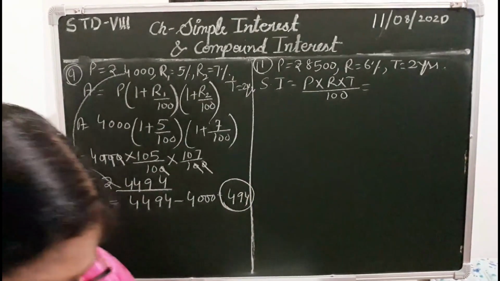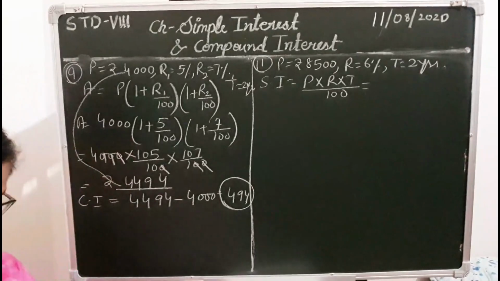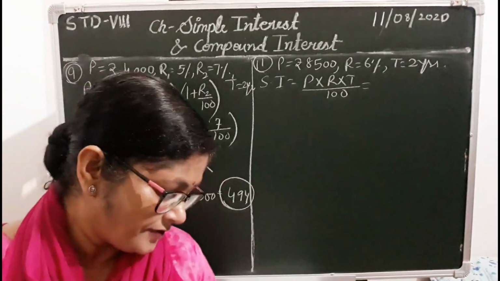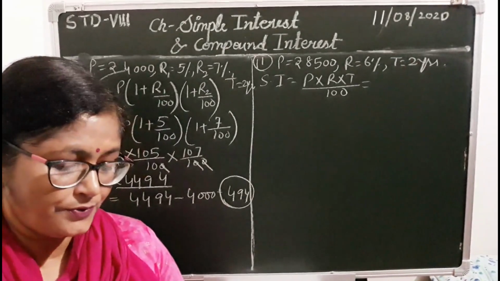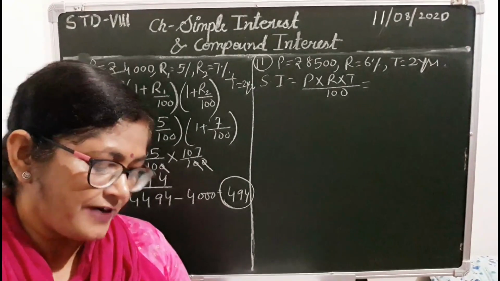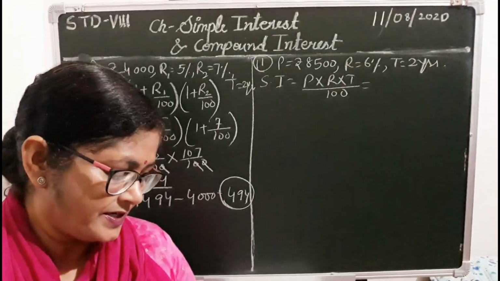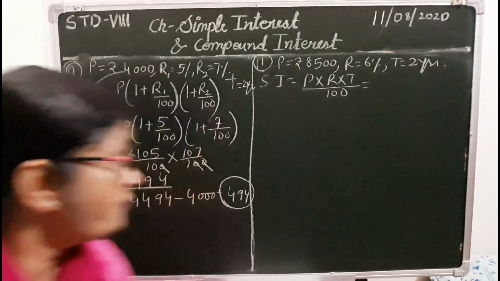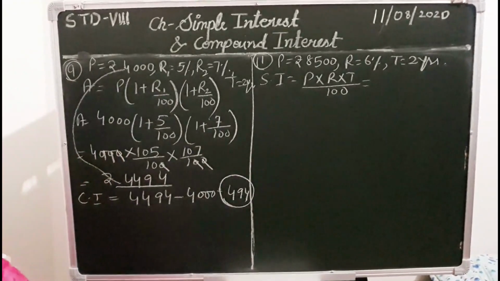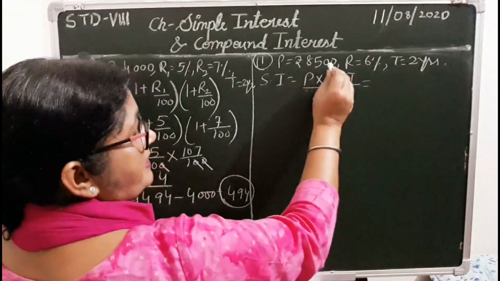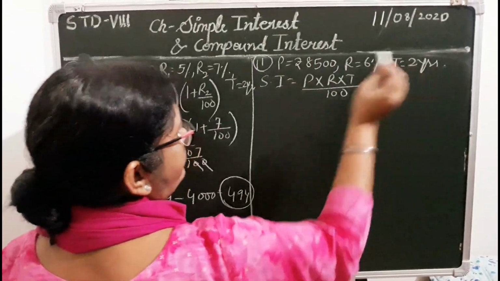Now question number 11. Calculate the difference between compound interest and simple interest for 2 years on rupees 8,500 at 6% per annum. Means you should find the simple interest and the compound interest also. Principal 8,500 at 6%, time 2 years.